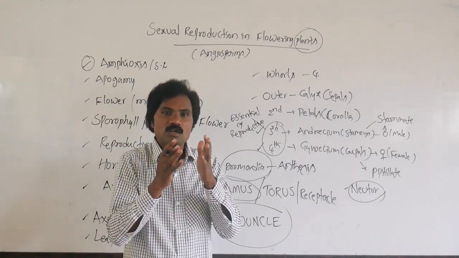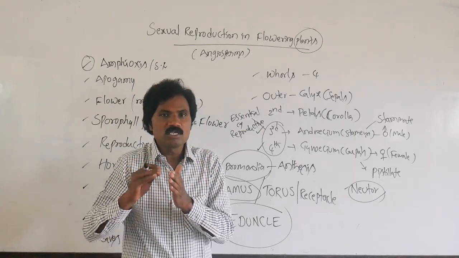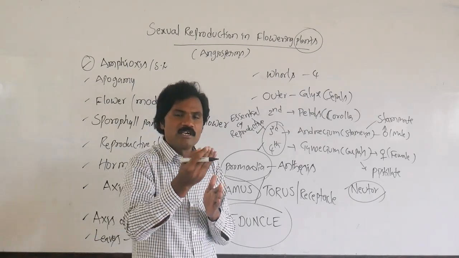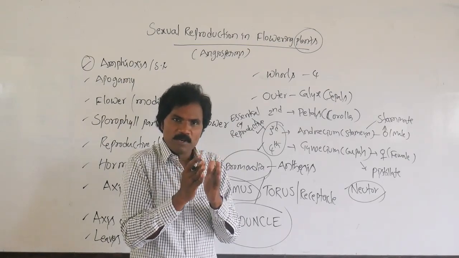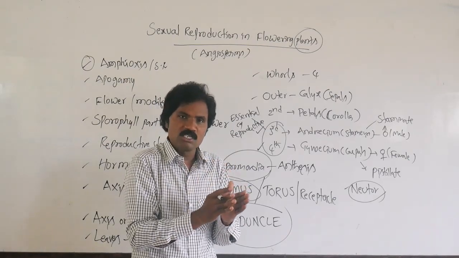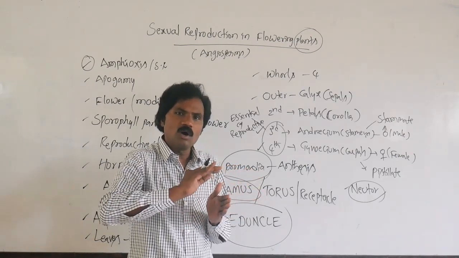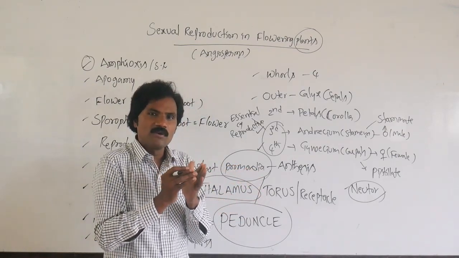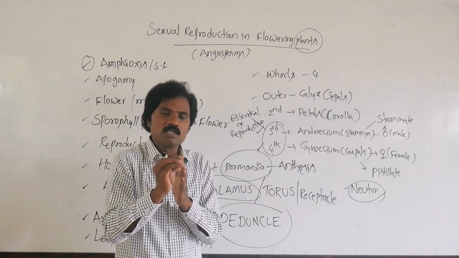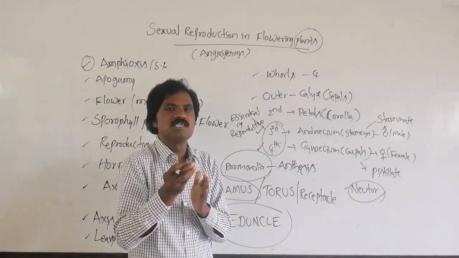Why? Because the flower converts after the completion of different stages: pre-reproductive stage, pollination and fertilization, and post-reproductive stage. After fertilization, the flower converts into fruit as well as seeds.